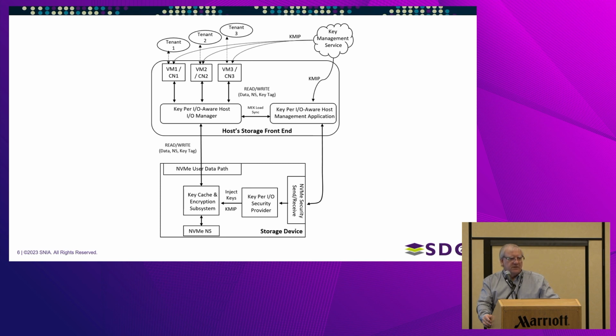The KEKs in general are retained, so if you do a power cycle, once you've got the KEKs loaded, it makes it easy for the host or hosts to reload the key caches.